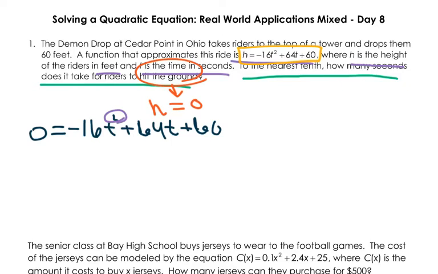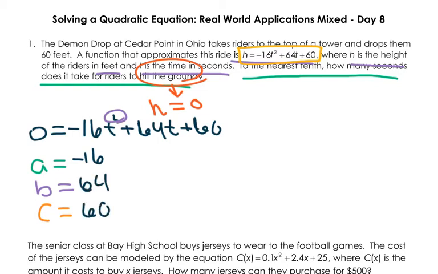For the quadratic formula, I need to know A, B, and C. A would be negative 16, B would be 64, and C would be 60.